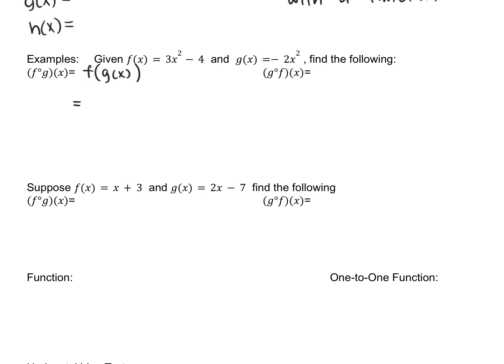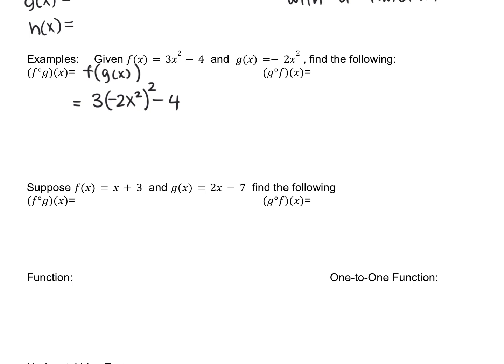So what I do is I go through and everywhere I see an x in my equation f, I replace it with my equation for g. So it's 3, and then I replace the x in x squared with negative 2x squared. Then I still have my squared, and then minus 4. So now I want to simplify that equation.